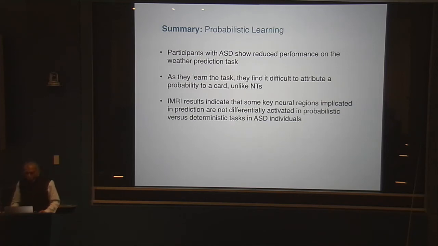And the fMRI results indicate that some key neural regions implicated in prediction, like the basal ganglia, are not differentially activated in probabilistic versus deterministic tasks in AST individuals.